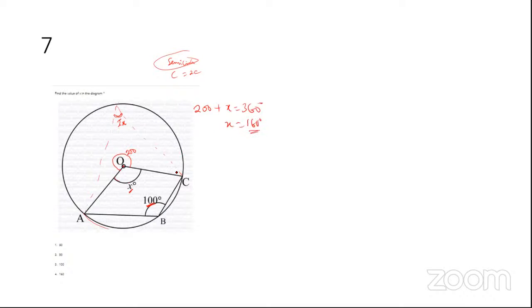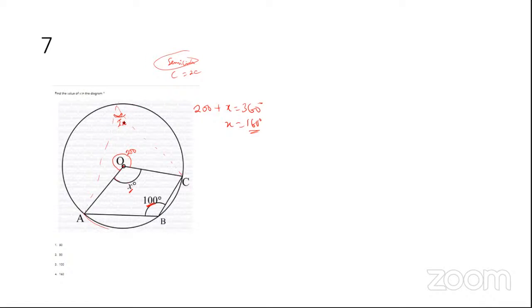Alternatively, since we have created this particular angle with this line, you realize that this angle here and the one here make a cyclic quadrilateral. So you can say that 100 plus 2x is also equal to... sorry, that's not 2x.